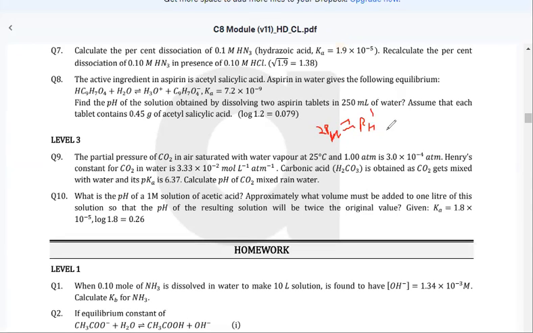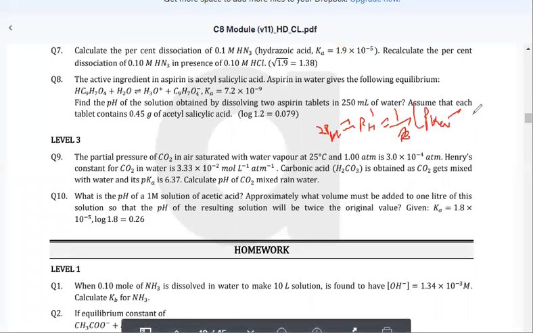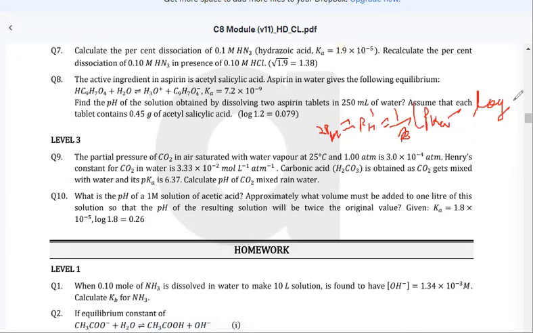Now we know that this pH dash is equal to half pKa minus log C. Now this C is the new concentration.